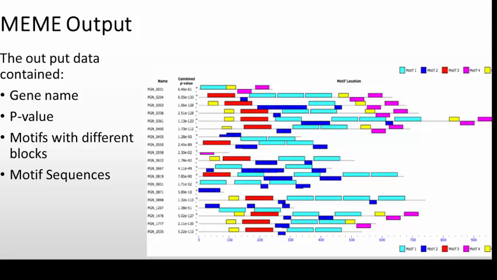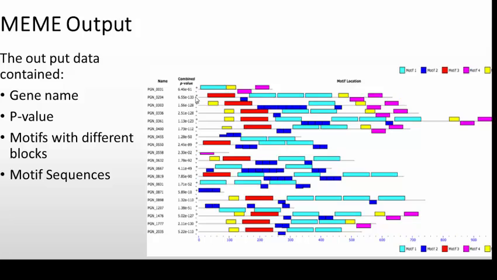The output data contains 3 important pieces of information. The first one is the name of the sequences. The second one is the p-value, which is the probability value. The third is the motifs with different blocks and motif sequences. This is the name of the gene, this column is the p-value, and these blocks represent different motifs, and similar blocks show similar motifs.